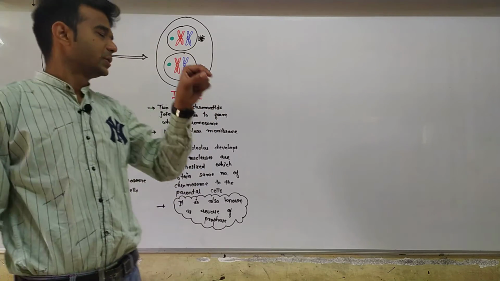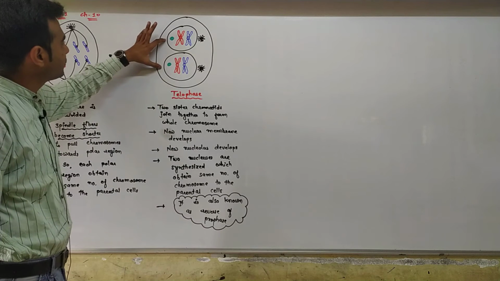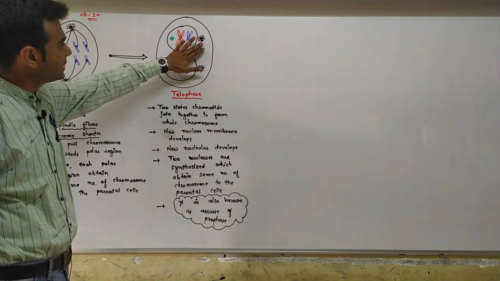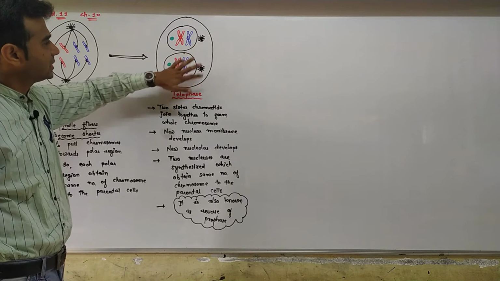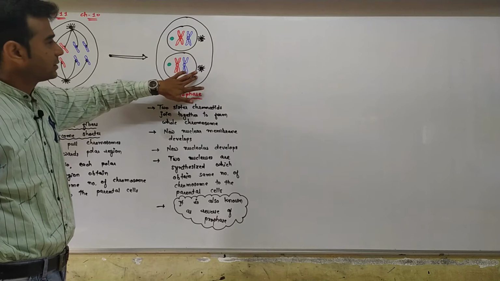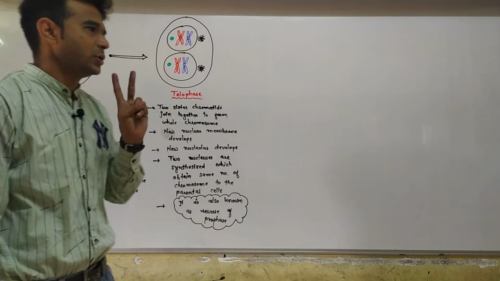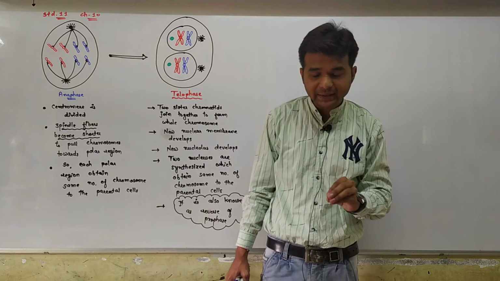From this a new nucleolus develops, and as a result here two nuclei are formed, and to each and every nucleus one centriole is there, situated nearer to it. Okay, so now at the end of the telophase stage two nuclei are formed.